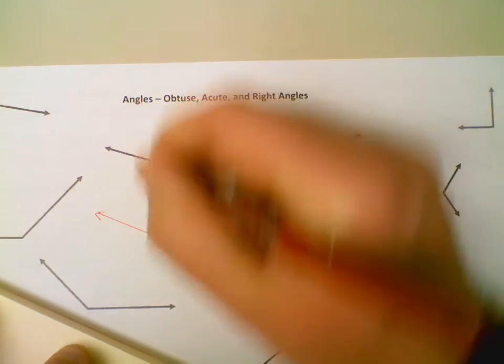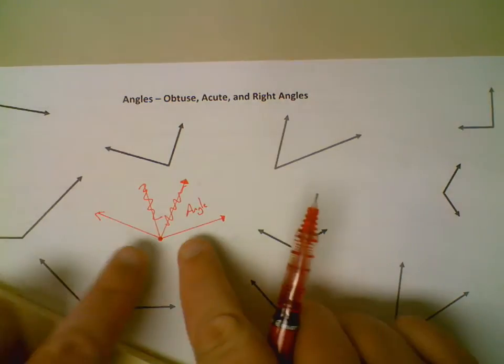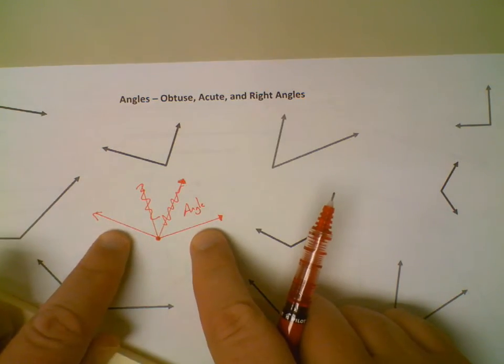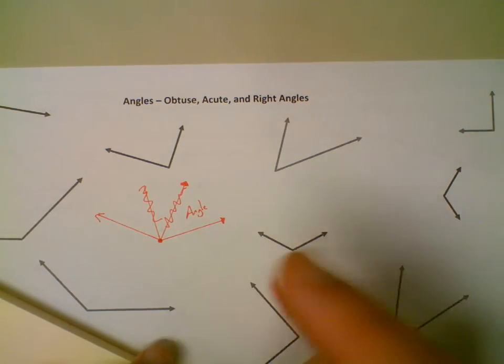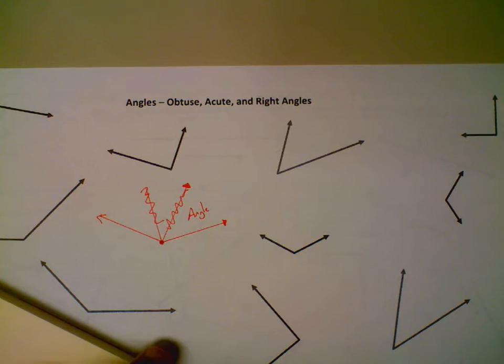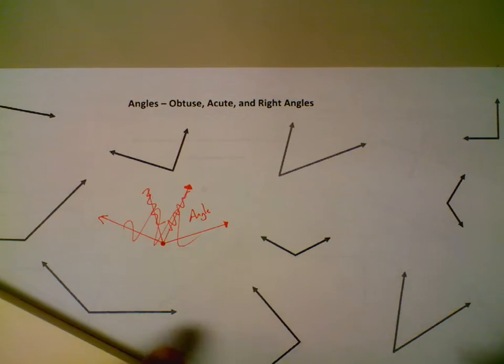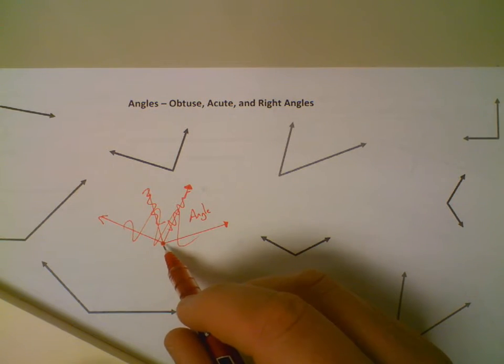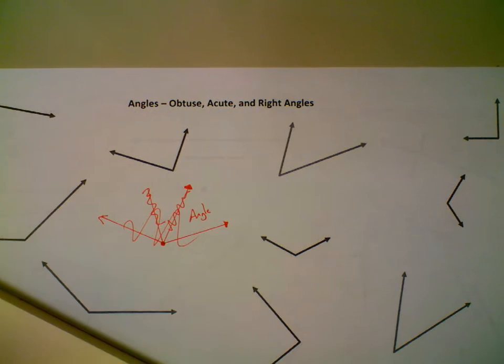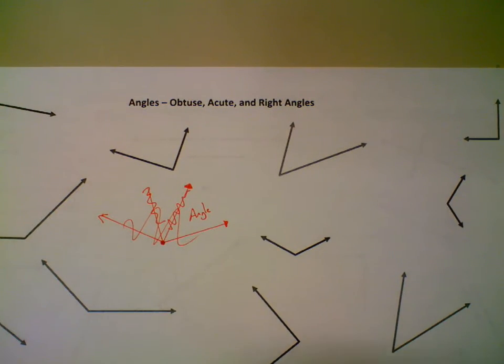So if you look, now my two rays are going away from each other. So this would be the obtuse angle, or greater than a right angle, okay? So that's just what an angle is. One point that has two rays coming out of it. Maybe they're going the same direction, maybe they're going 90 degrees, maybe they're going opposite ways entirely, okay?